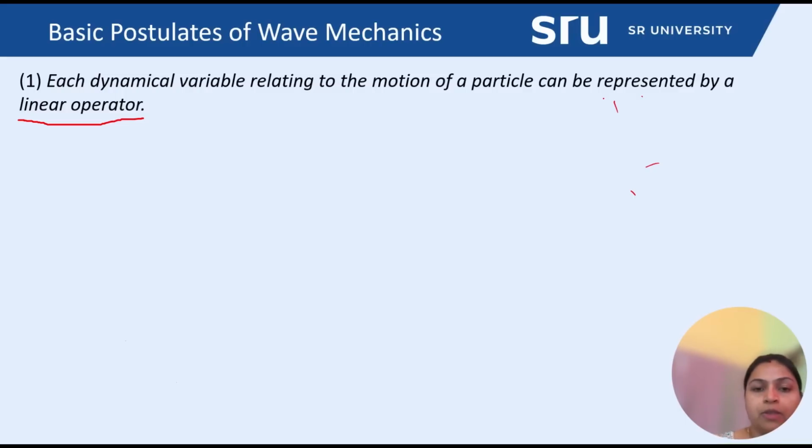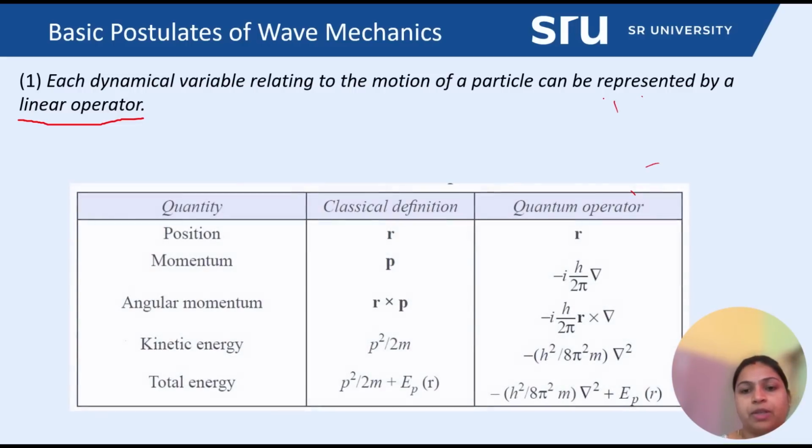So if we define angular momentum as r cross p, and we know p in vector form is minus i h by 2 pi del, then the operator is minus i h by 2 pi r cross del.